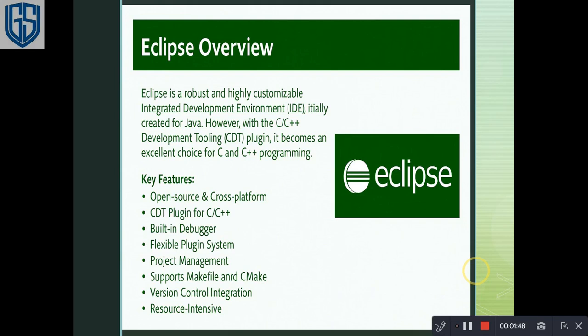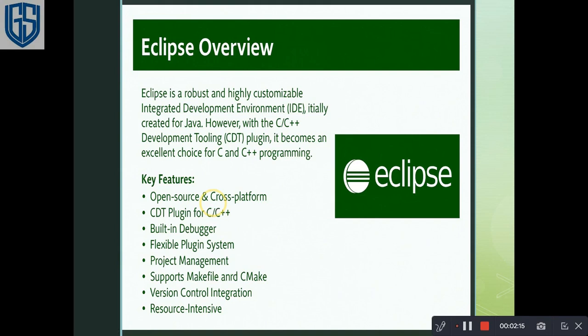It also supports C++ programming with the help of the CDT plugin. The key features are open source and cross-platform. Open source means it's free, and cross-platform means it works on different platforms like Windows, Linux, and Mac OS.